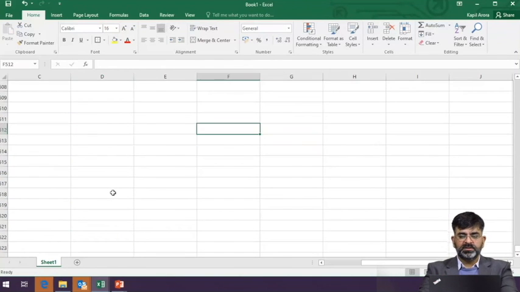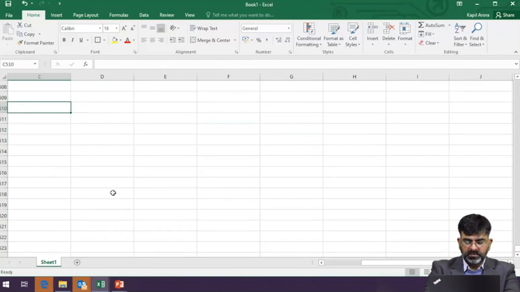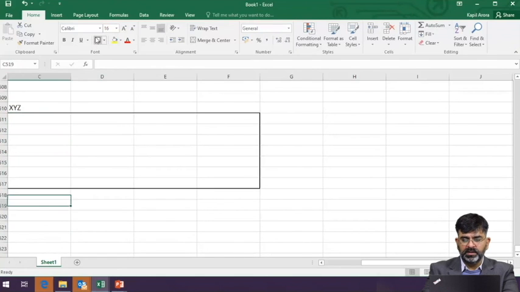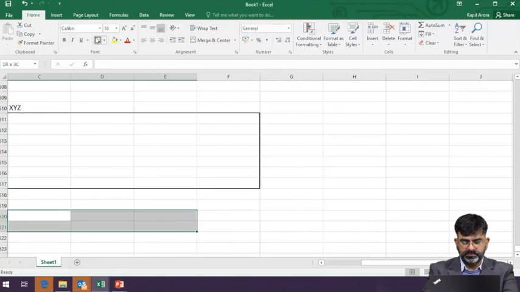So let's take up an example. XYZ has a balance sheet, and they are making a P&L also.